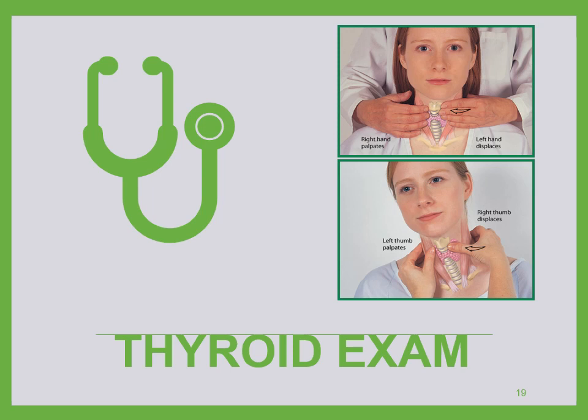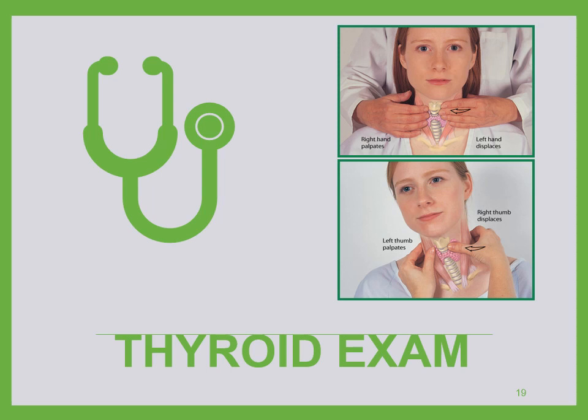Or you might notice something called tracheal tugging, which is a synchronous pulsatile movement that occurs with systole, so with pulses, when you have an aneurysm or dissection in the aortic arch. You want to palpate the neck for lymph node enlargement.